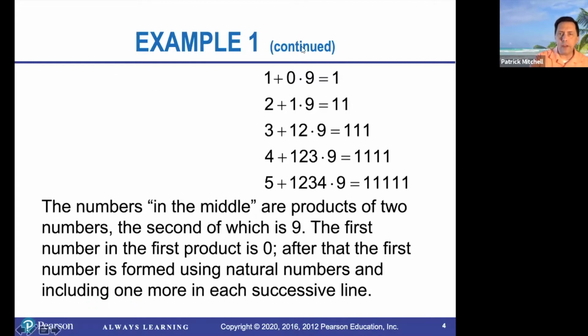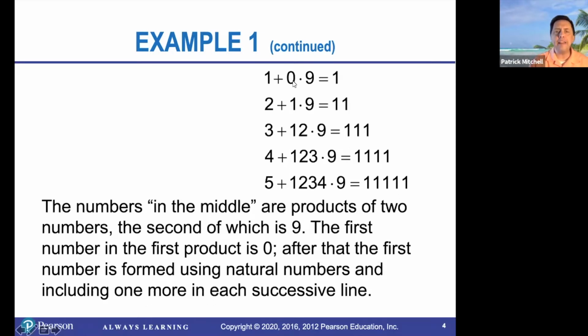Next, we could look at the second addend, the second term in the addition. That is a product, remember that means multiplication, of two numbers. The second of those numbers is a 9. And the first of those numbers, that's a little more complicated pattern. The first one is 0.